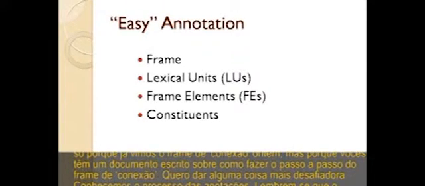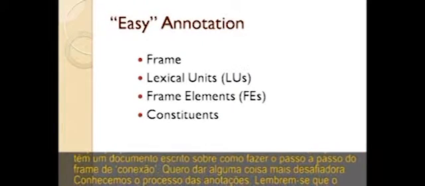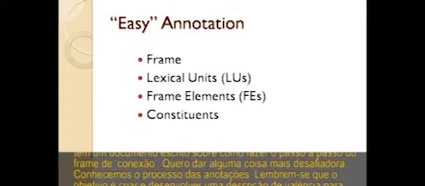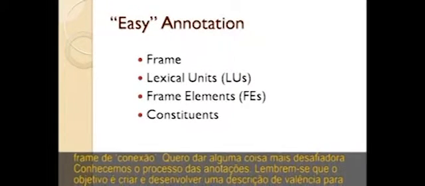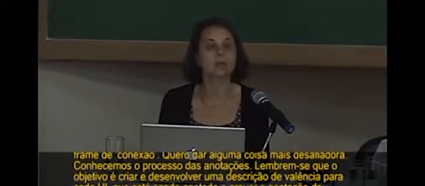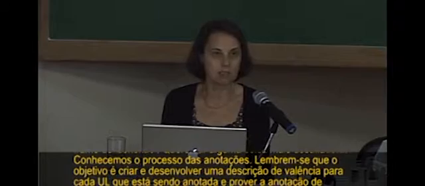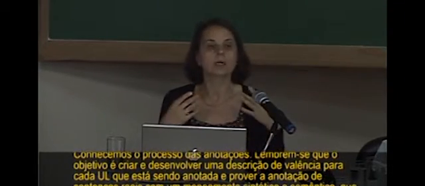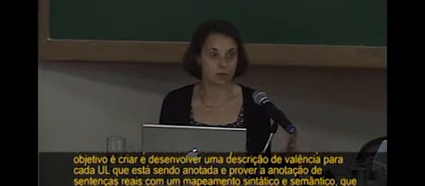Remember, the goal is to develop the valence description for each LU that's annotated, and to provide the actual annotated sentences with the semantico-syntactic mapping. What constituents instantiate what frame elements, what semantic roles.